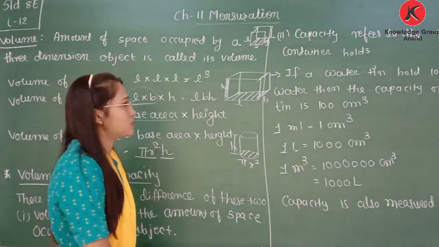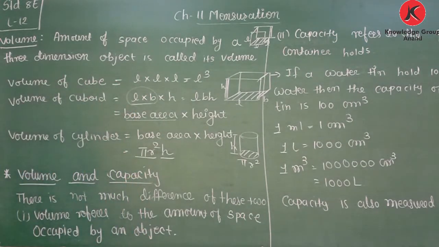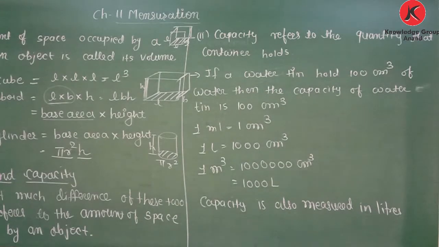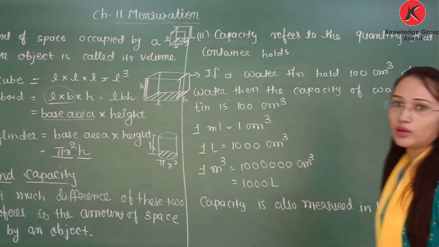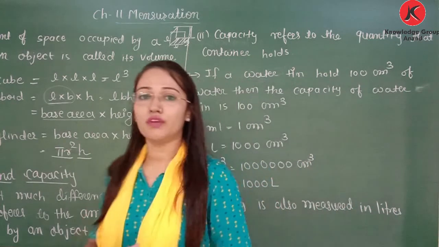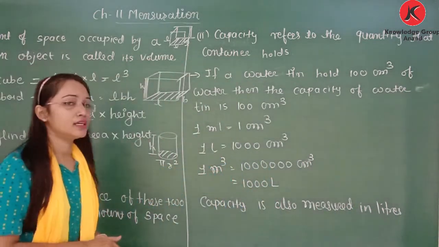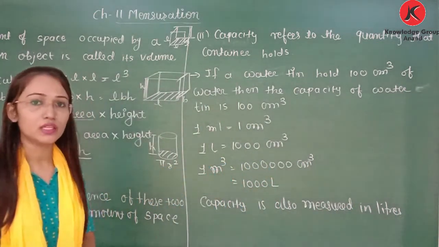Now what is the capacity? Capacity refers to the quantity that a container can hold. If we take one jar, whatever amount of material that jar can hold becomes its capacity.